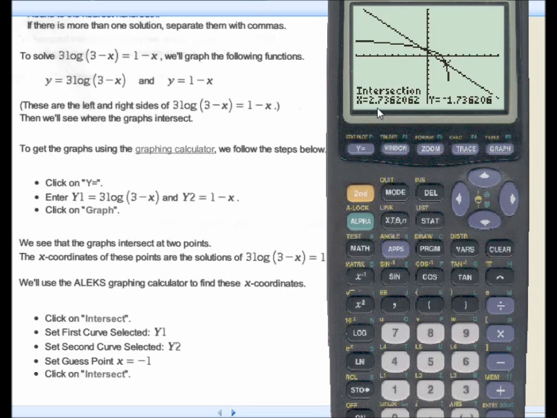I've never used it. Here is the x coordinate, 2.736062. Y is negative 1.736206. So those are the 2 points.